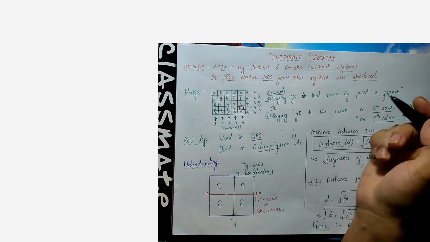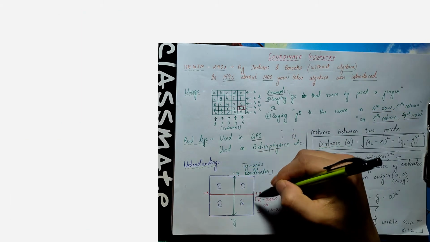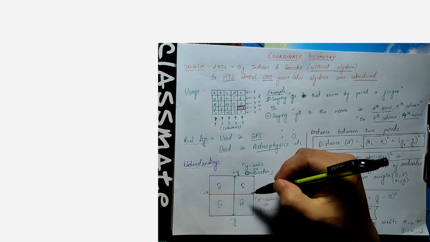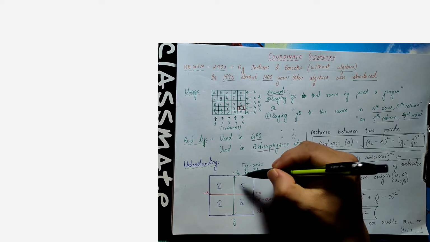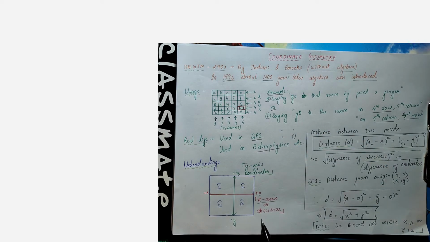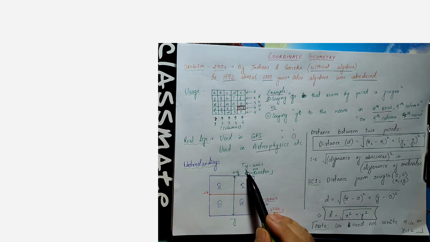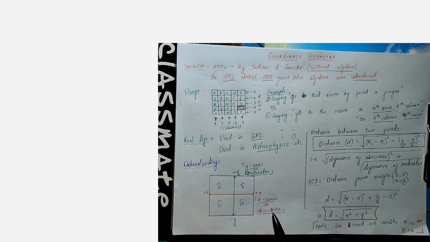Now, in coordinate geometry, the plane is divided into 4 parts by 2 axes known as x-axis and y-axis. X-axis is also known as abscissa, y-axis is also known as ordinate. Now, these axes divide the plane into 4 parts: quadrant 1, quadrant 2, quadrant 3, and quadrant 4.